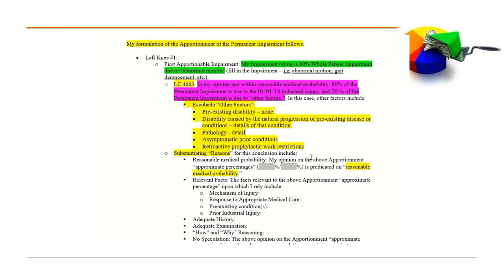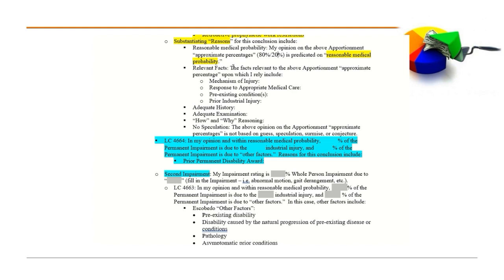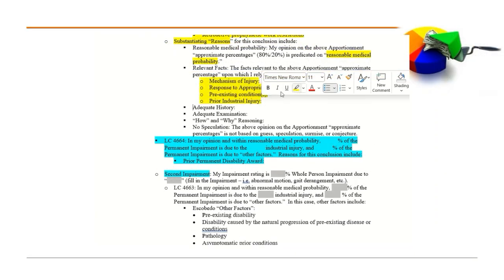You say my opinion on the above apportionment approximate percentages, 80% industrial, 20% non-industrial, is predicated on reasonable medical probability. The facts relevant to the above apportionment approximate percentages upon which I rely include, and here you give us some of the facts that support your apportionment percentages. You give us the facts that support the 80%. You give us the facts that support the 20%.